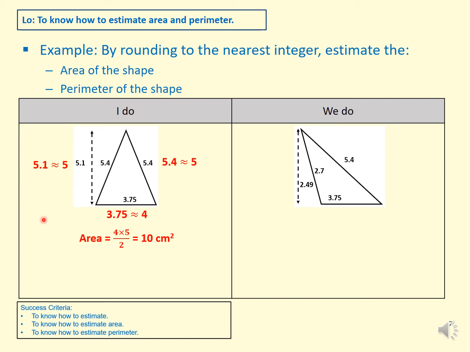So I add only 3 numbers because those are the ones around the shape. So the perimeter of this triangle is going to be 14 centimeters. So make sure for area you look for the perpendicular height and the base, and for perimeter you just go around the shape and use those numbers that are around the shape. Now pause the video and have a go at the video question.